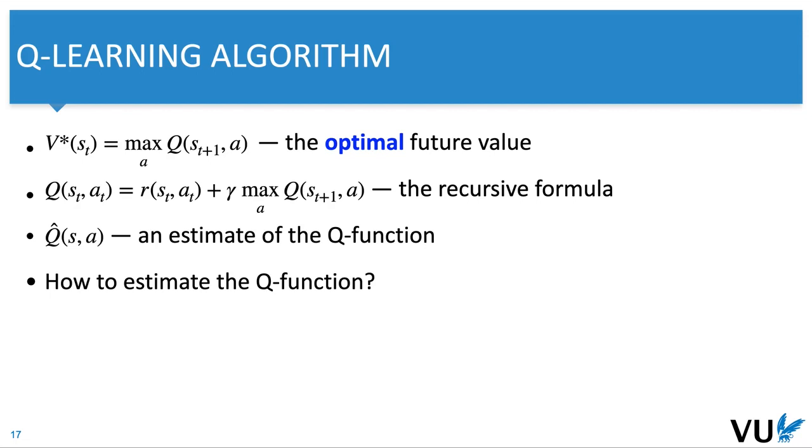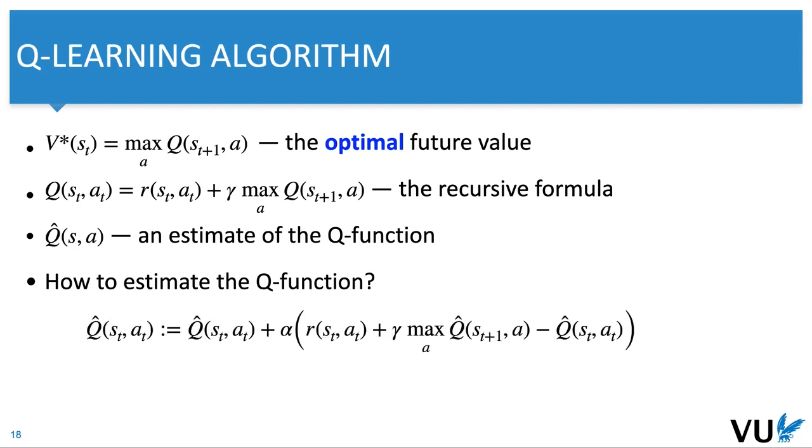Okay, and how to estimate this Q function? We have this recursive formula here. So this is what we will try to do. We will try to update. Let's take a look at what is in the bracket. We have this reward. We have this gamma, and gamma is the discount factor.